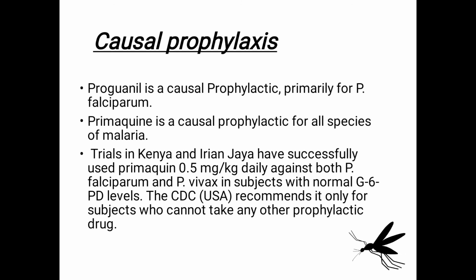So those who have G6PD deficiency already have a defense mechanism against this parasite, and we should not use primaquine in them. The CDC, that is the Centers for Disease Control and Prevention, recommends it only for subjects who cannot take any other prophylactic drug.